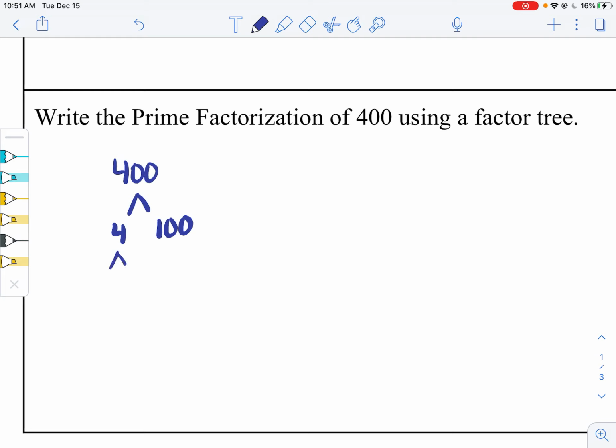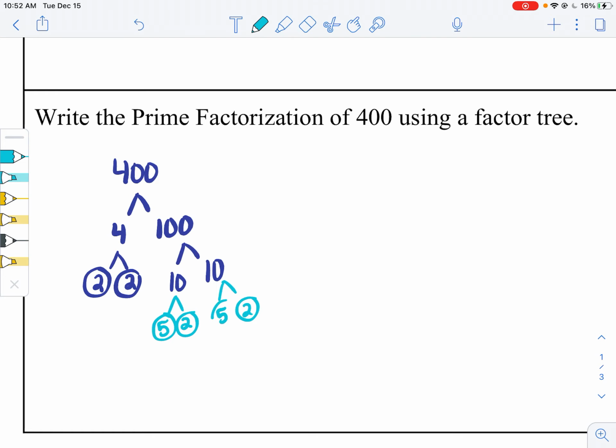And neither one is prime, so we're going to keep going. 4 is 2 times 2, which both are prime. And 100, I'm going to do 10 times 10 because it's the same. And then each branch will actually be the same. We'll do it at the same time. So 10 is 5 times 2. Both of those are prime. And 10 is 5 times 2. Both of them are prime.